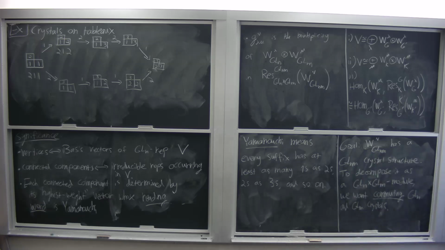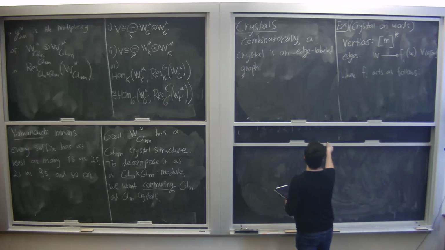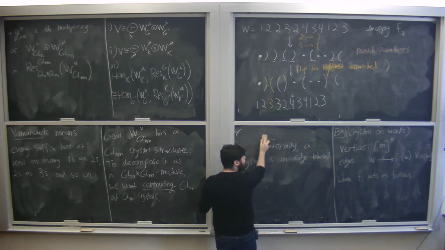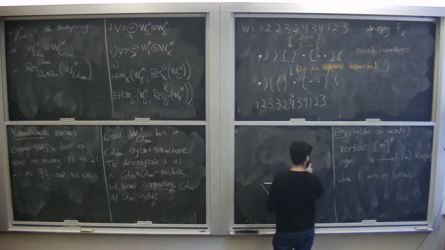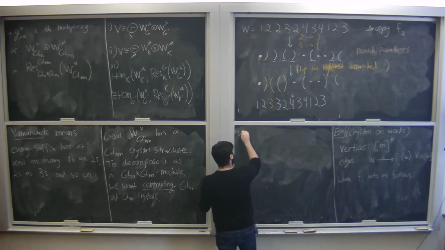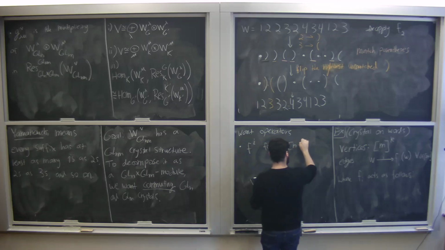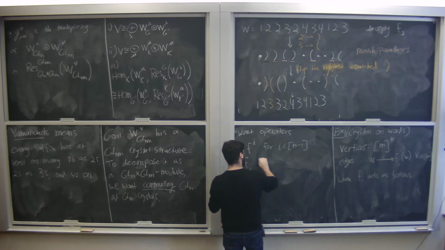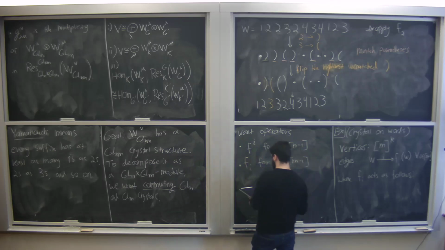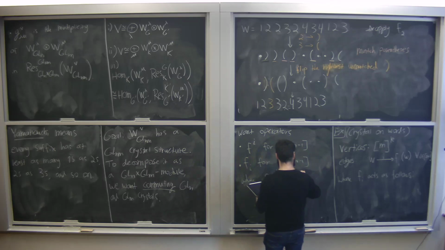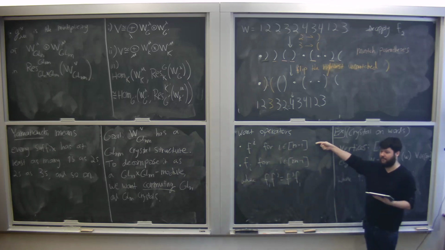What that means for us, is that rather than just these operators Fi, we want operators F super i for i in n minus 1, and F sub i for i in m minus 1, where F super i F sub j is the same as F sub j F super i. So these F super i's are the crystal structure as a GLN module.